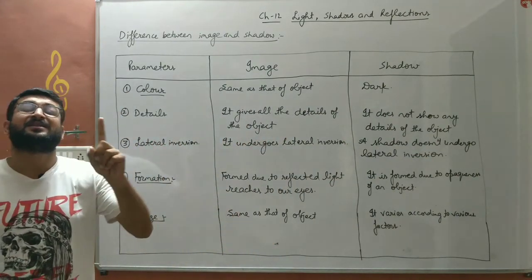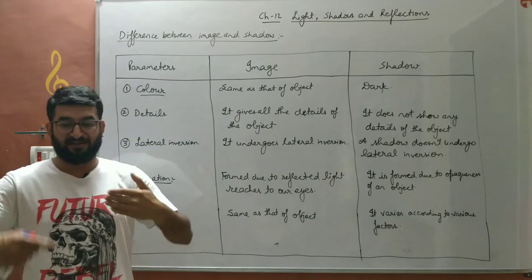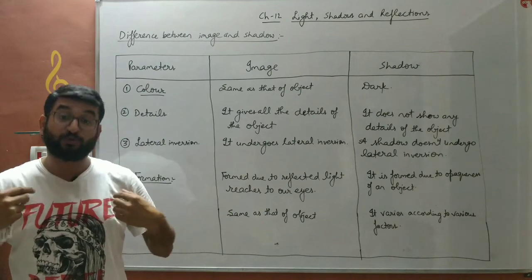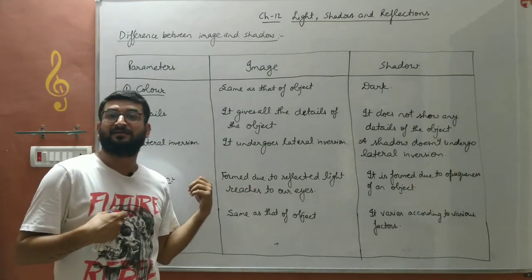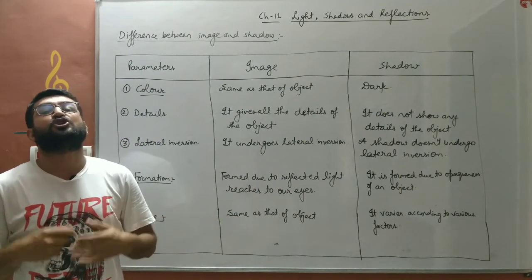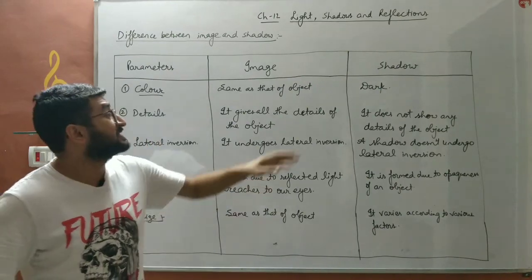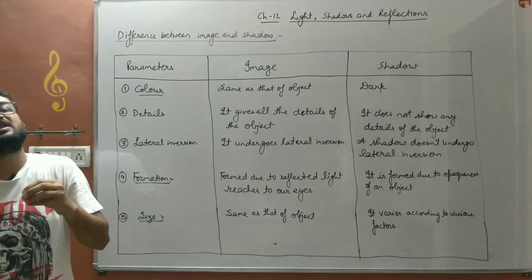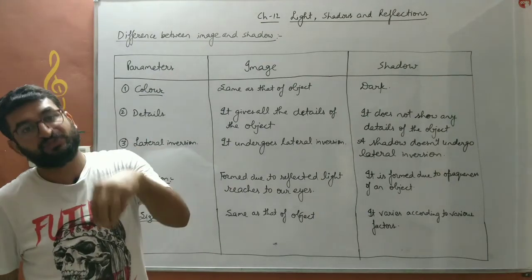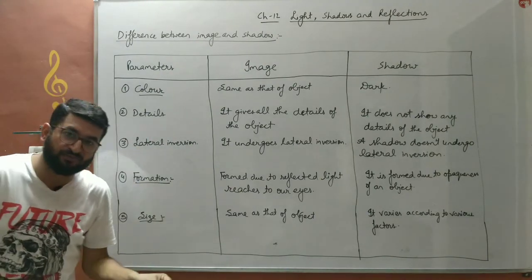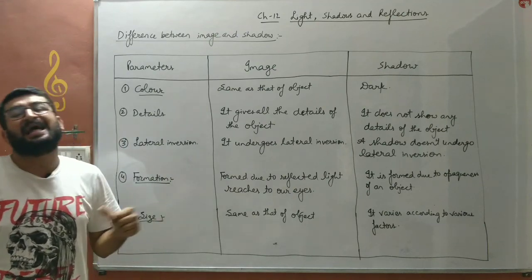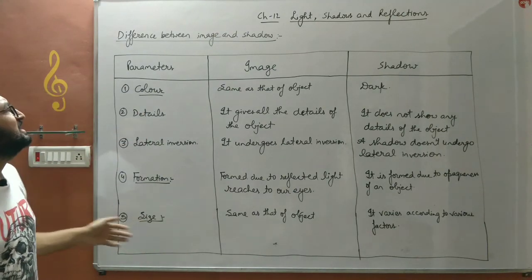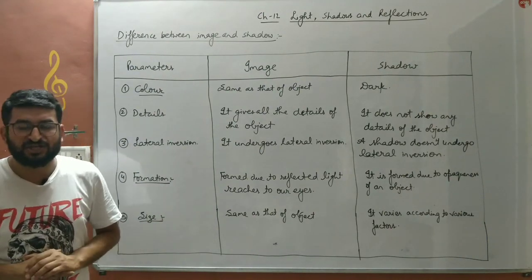The first is the distance between the object and the source of light, the second is the distance between the object and the screen, and the third is the position of the object. So these are the major differences between the image and the shadow.